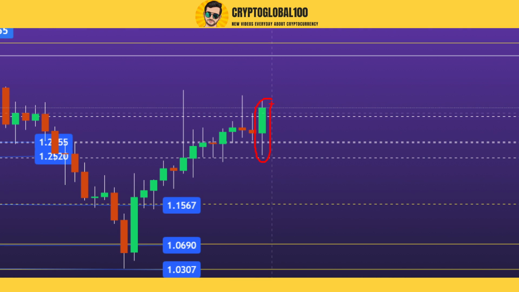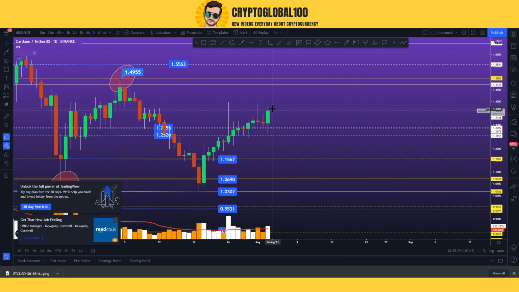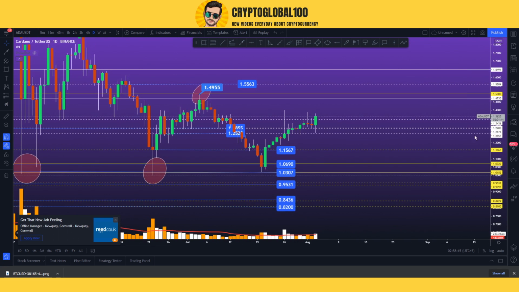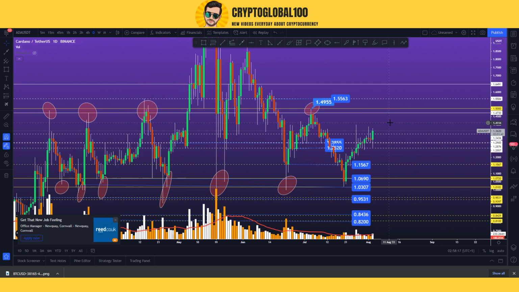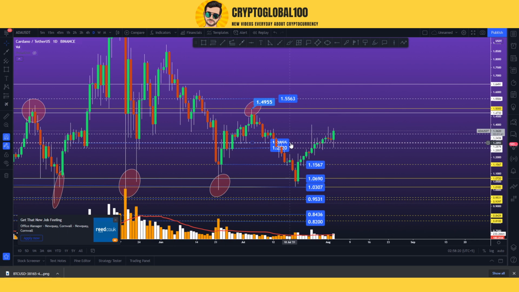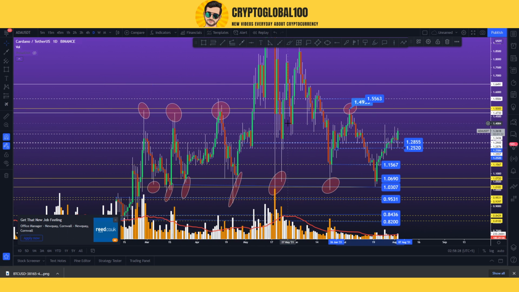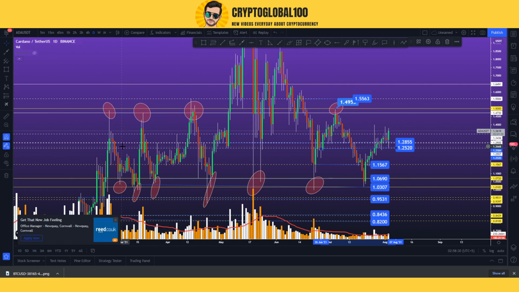Although every other altcoin has gone down, only Cardano is moving on the upside. Just look at this chart. We have these levels 1.25 and 1.28 as the support levels. I'm going to mark the swing high candle here.